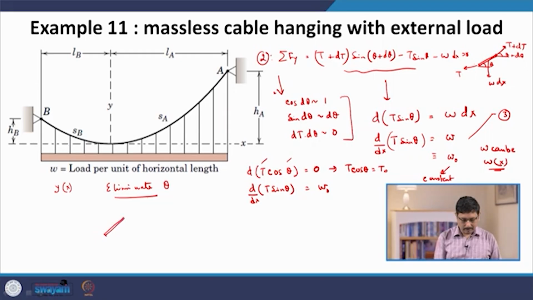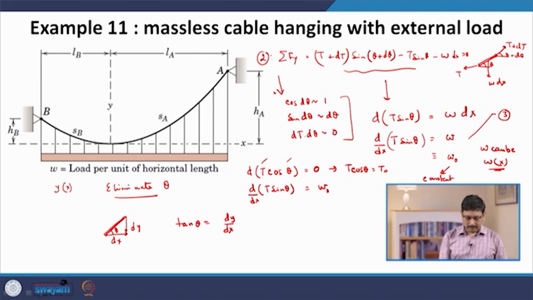If I look at this piece of the cable, it has a length which is dx and an elevation which is dy, and this is the angle theta. So, from geometry we see that tan theta is equal to dy/dx.